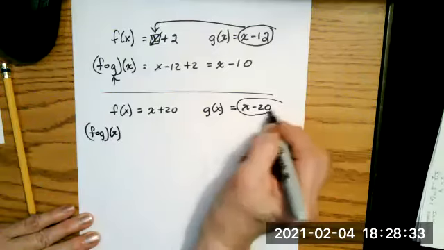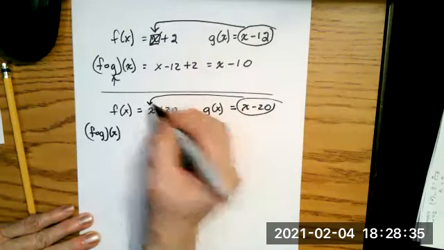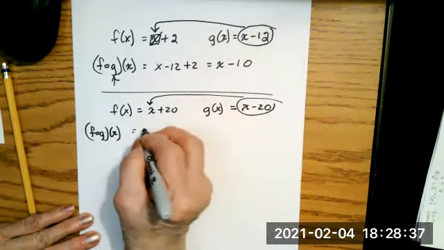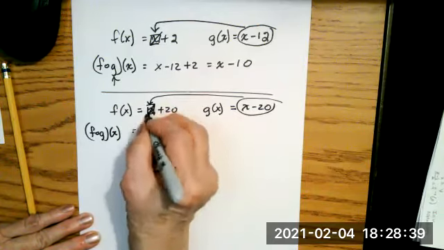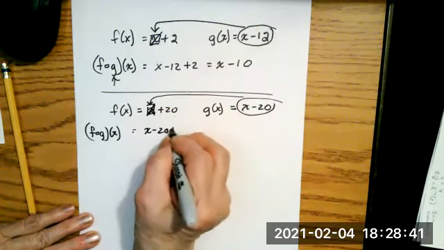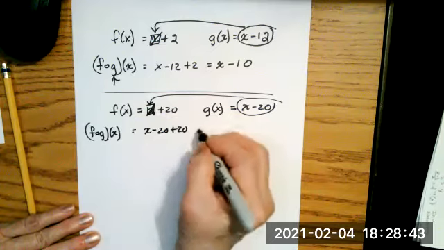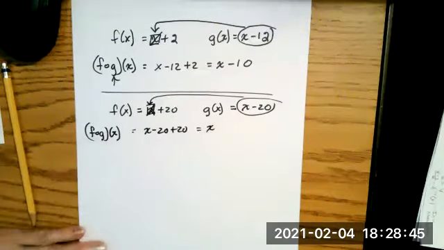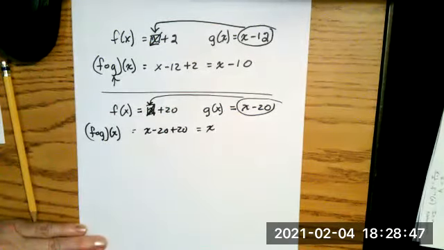This one will end up with x. You'd take that one out, and you would have x minus 20 plus 20. These two 20s would cancel, and you'd just have an x. Yeah, that's what I got for that one.